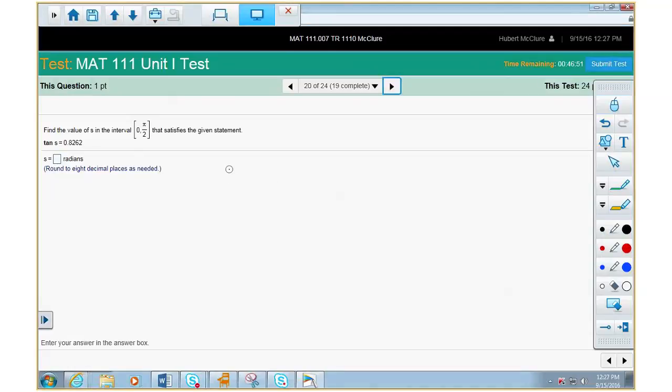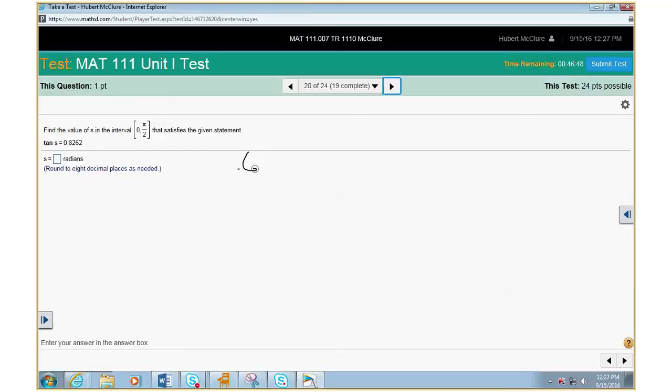I'm sorry, what? 0.69 what? Is it radians? Why would it be 0.69 radians unless your calculator's in radian mode? Because that gives you the degrees. Did you turn it into angle? No, it's in radians because it says from 0 to pi over 2.